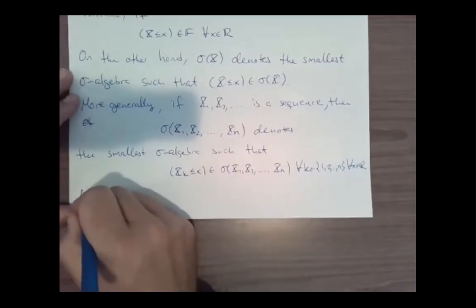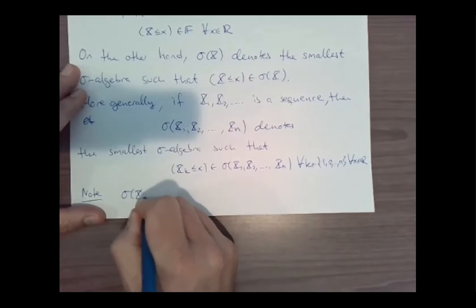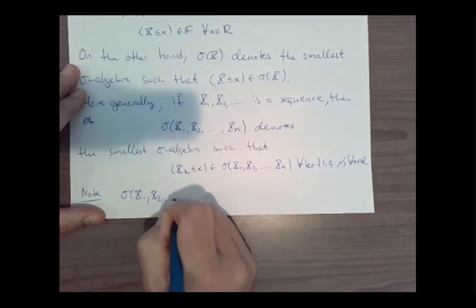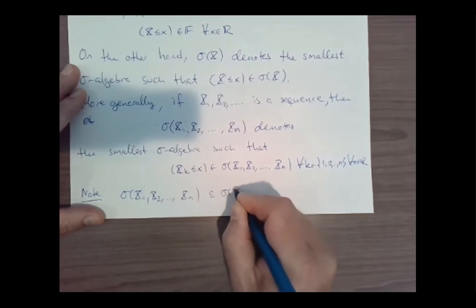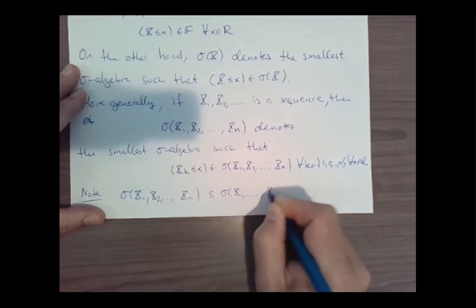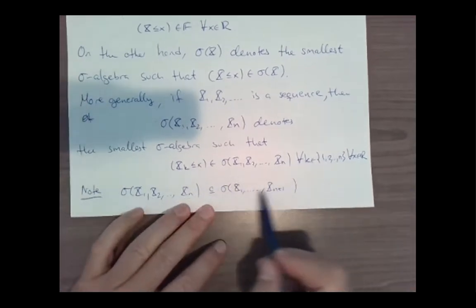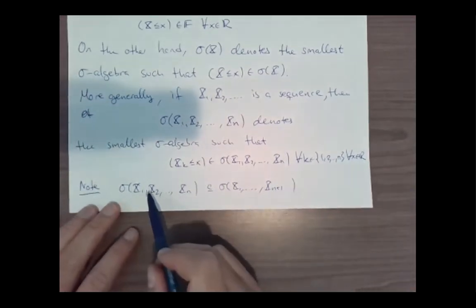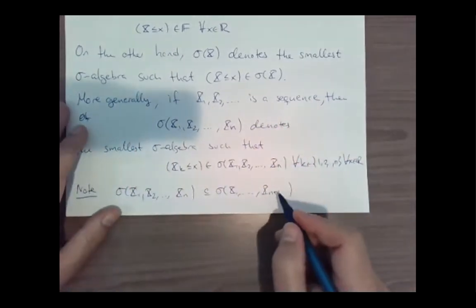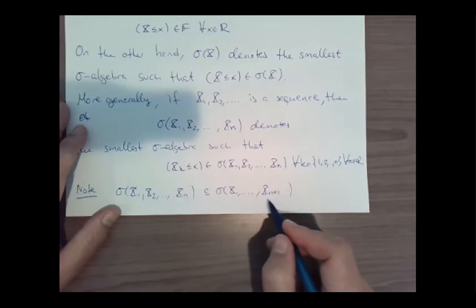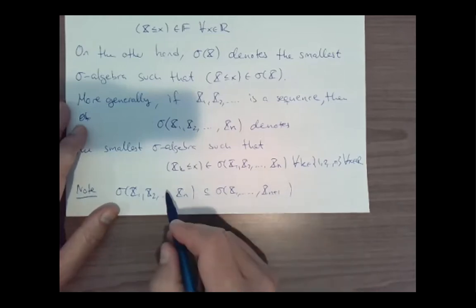We note here that this sigma algebra generated by X1 up to Xn is inside the one that goes up to Xn+1. There's more information over here than there is over here, and this aims to model that we have seen one more outcome.